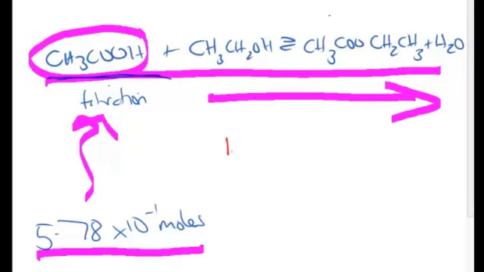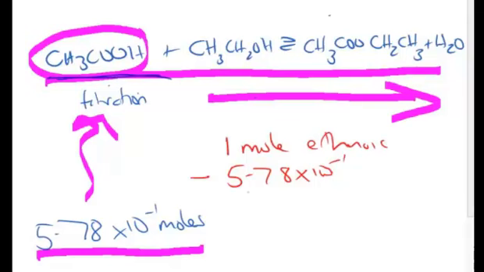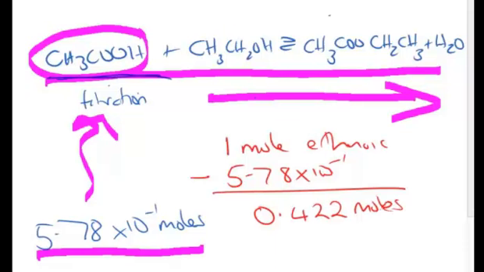Now we're told it's 1 mole per litre of ethanoic acid, so 1 mole of ethanoic acid, and if we subtract 5.78 times 10 to the negative 1 moles, it's just 0.422 moles that actually did react and go across to help form product on the other side.